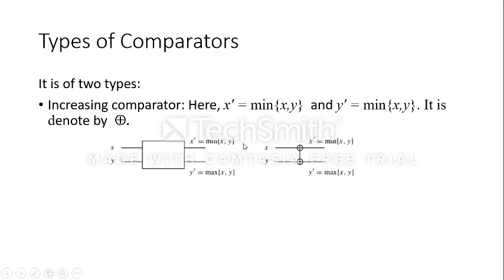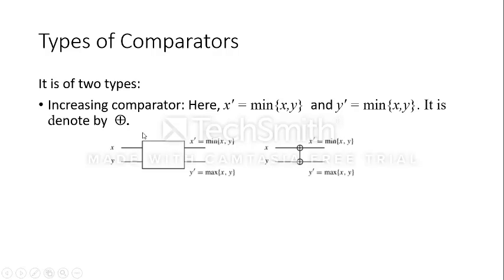The comparators are of two types. They are either increasing comparators or decreasing comparators. If it is an increasing comparator, then it is denoted by this circle plus operation. When x and y values are given, the minimum value will be saved into x prime, while the larger value will be saved into y prime.